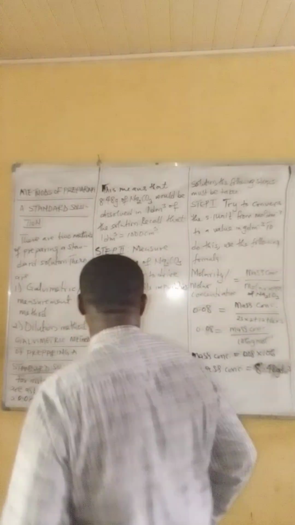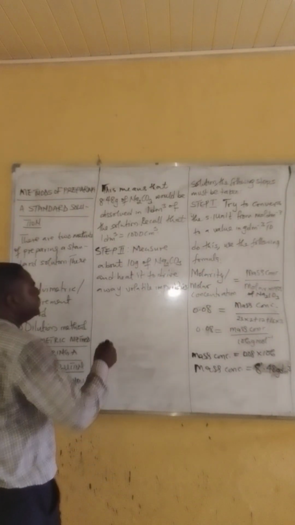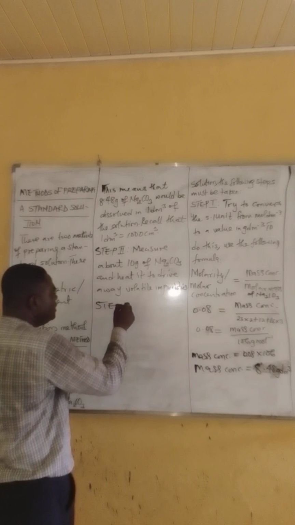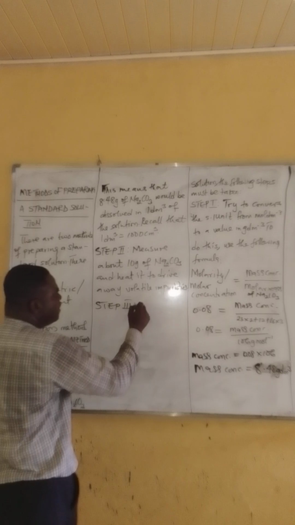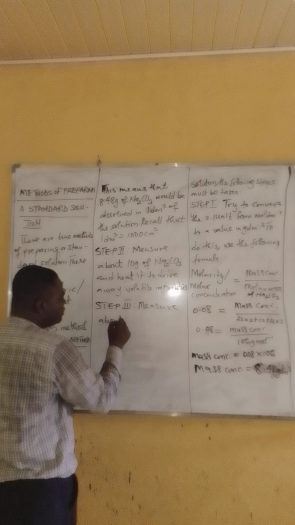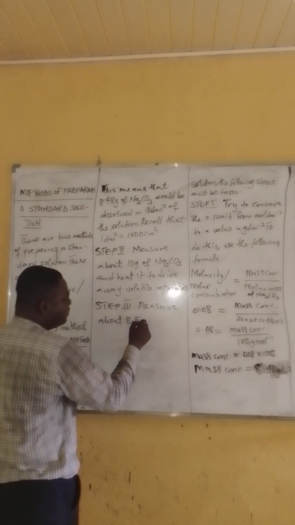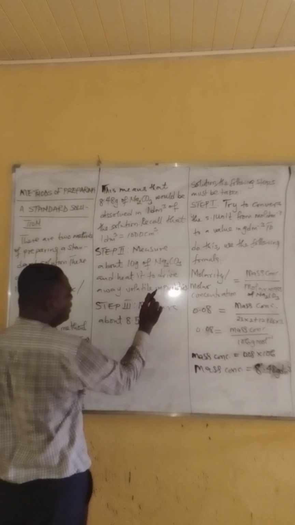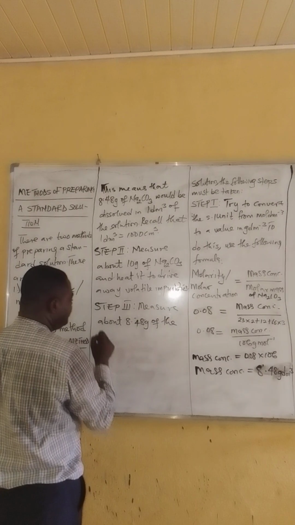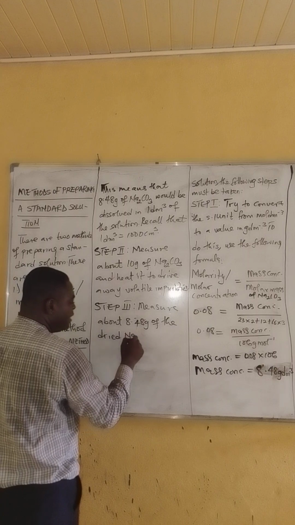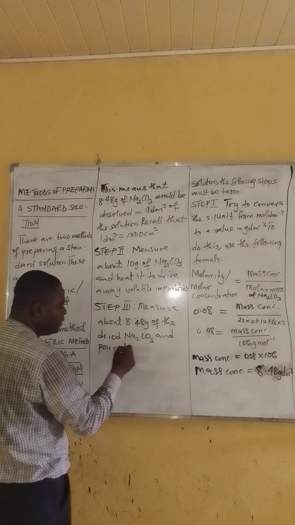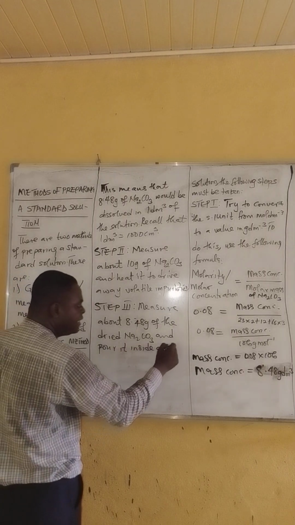So now I say measure and heat it to drive away volatile impurities. Step 3 now. Measure about 8.5 gram, or if it is 8.48, let's work with what we have. 8.48 gram of the dried Na2CO3 and pour it inside a volumetric flask.